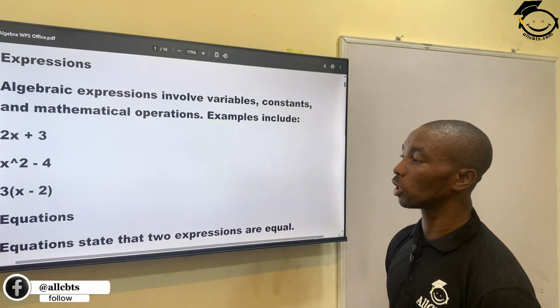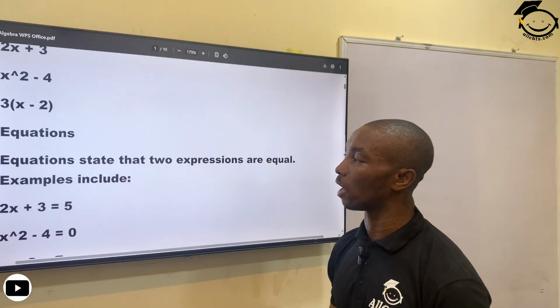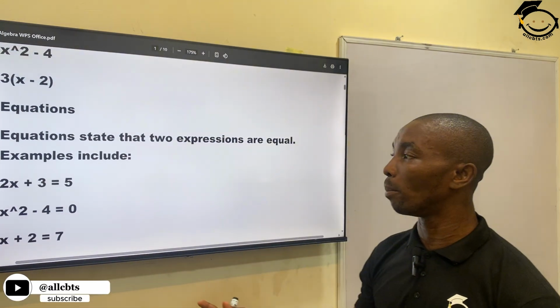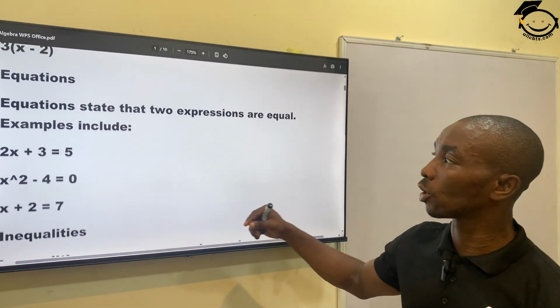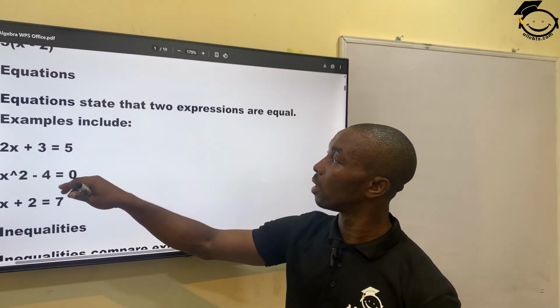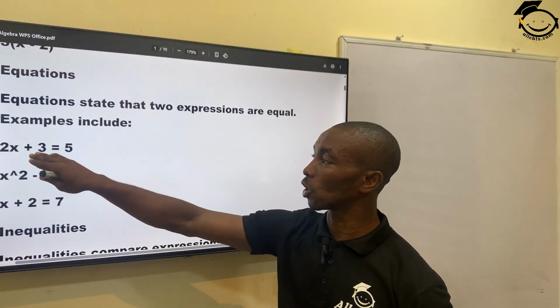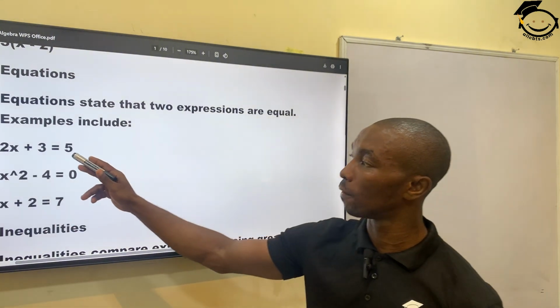Now, when we talk about equations, equations state that two expressions are equal to another number or equal to 0. Okay? The first expression is 2x plus 3. The second expression is 5.